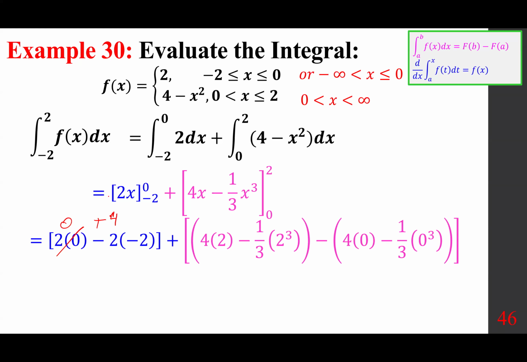This one is 8. This one is 4 times 2, 8, minus 2 cubed over 3, 8 thirds. Never mind, this one is 0. So you have 4 and 8 and negative 8 thirds. 12 is 36 thirds, minus 8 thirds is 28 thirds.